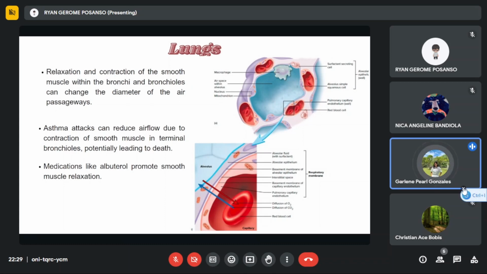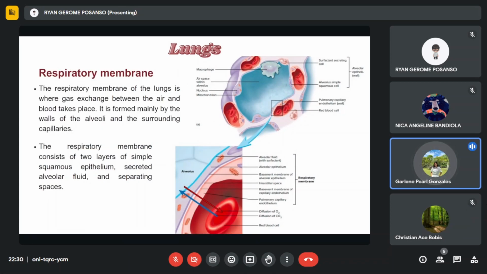Okay, next slide, please. The respiratory membrane of the lungs is where gas exchange between the air and blood takes place. It is formed mainly by the walls of the alveoli and the surrounding capillaries. The respiratory membrane consists of two layers of simple squamous epithelium, secreted alveolar fluid, and separating spaces.